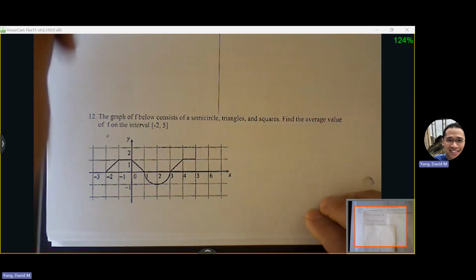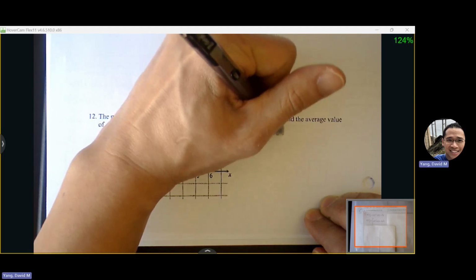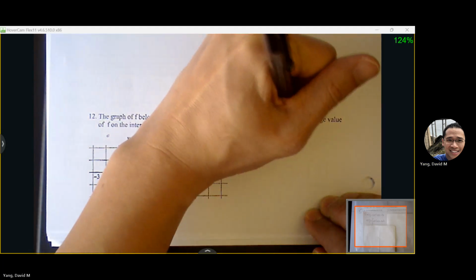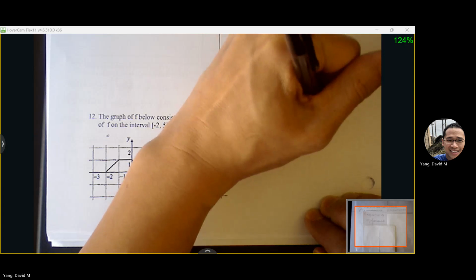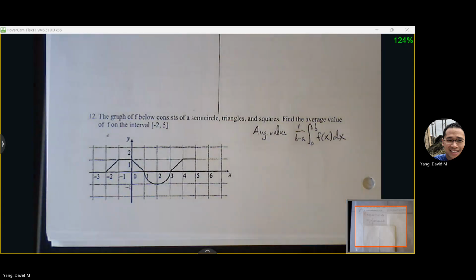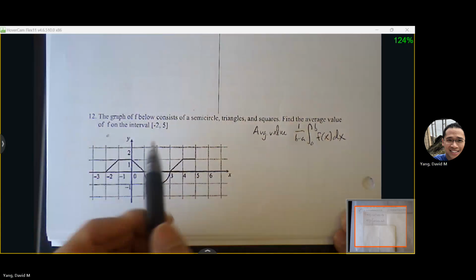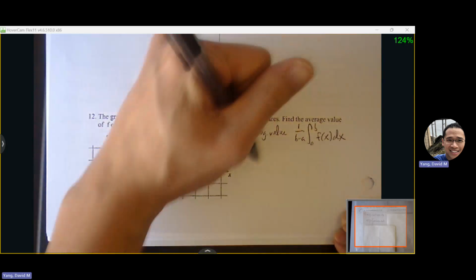So average value, we have a formula for that. Replace all your A's and B's with what? -2 and 5.